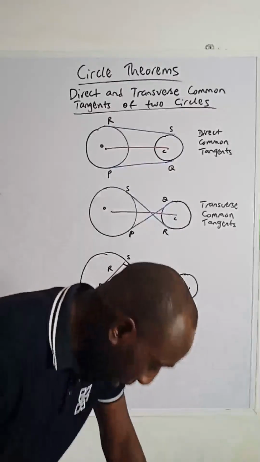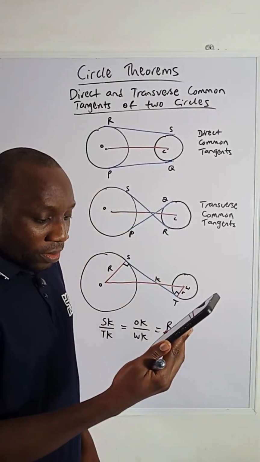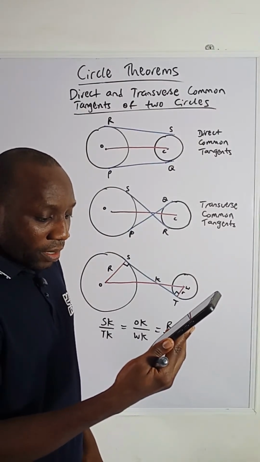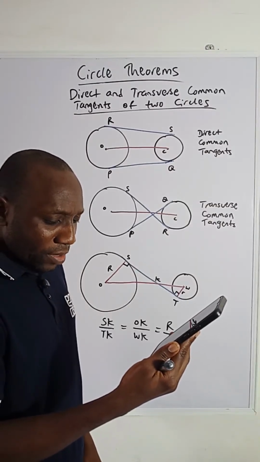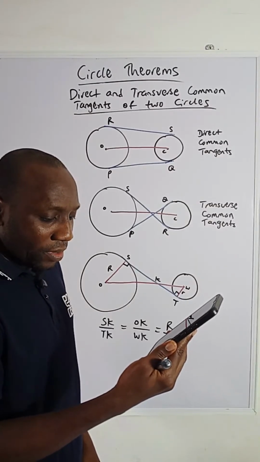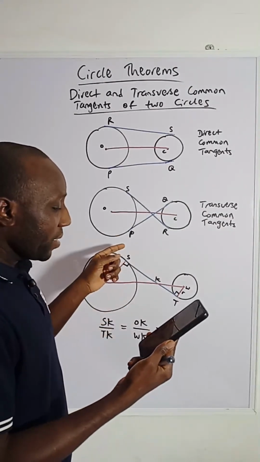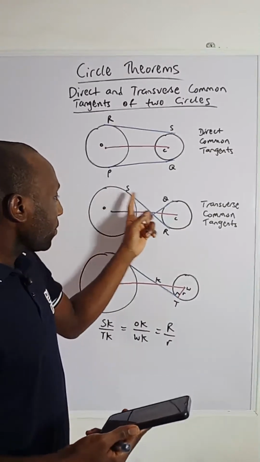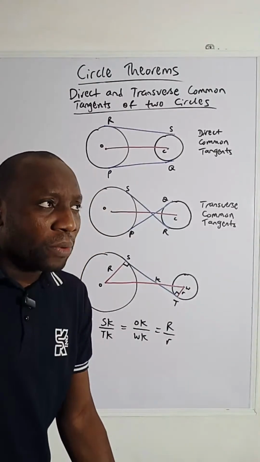Can a common tangent also meet between both circles, not just outside the circles? I'm trying to understand what you mean. This is actually external. Oh, okay, I think I understand what you mean now.